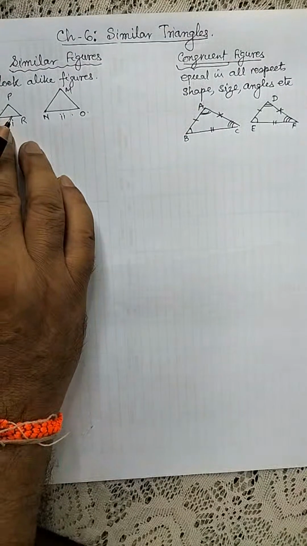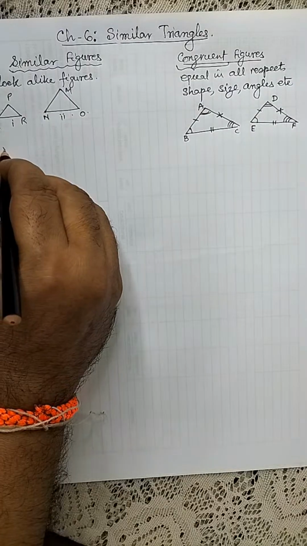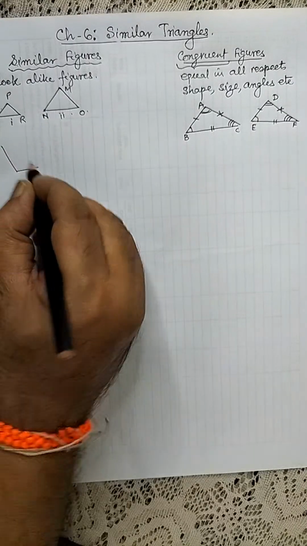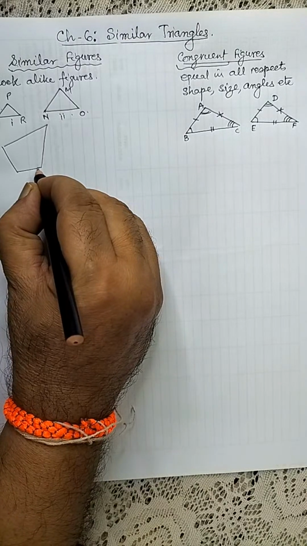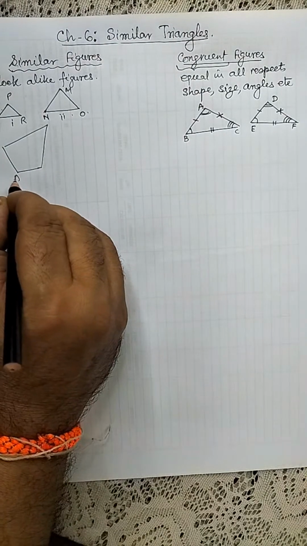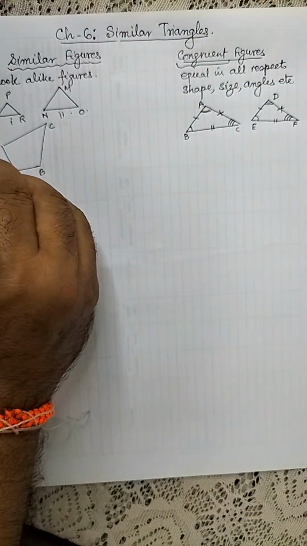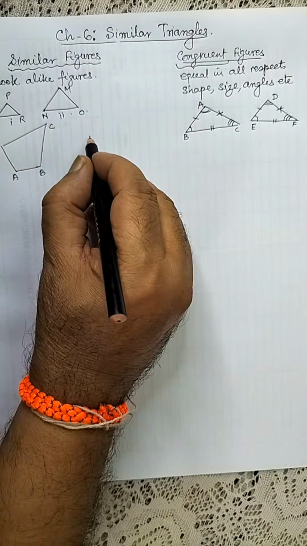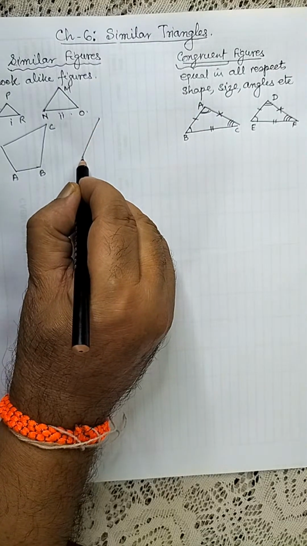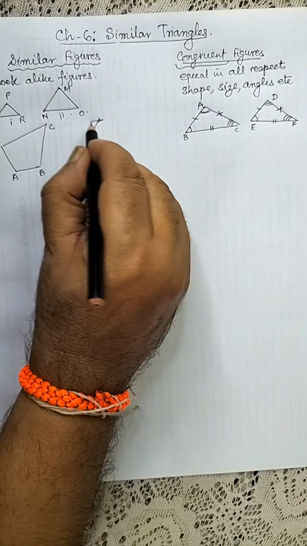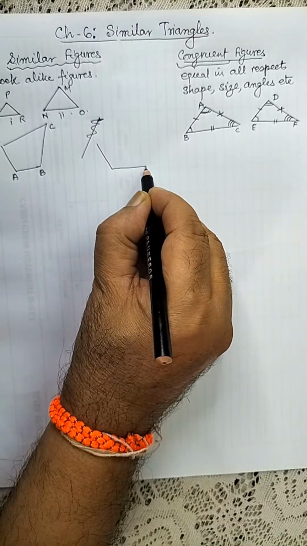Not only for triangles. Suppose I have, let me consider a quadrilateral. This is a quadrilateral. Let me name it A, B, C, and D. And another quadrilateral, I should take a similar one like this.